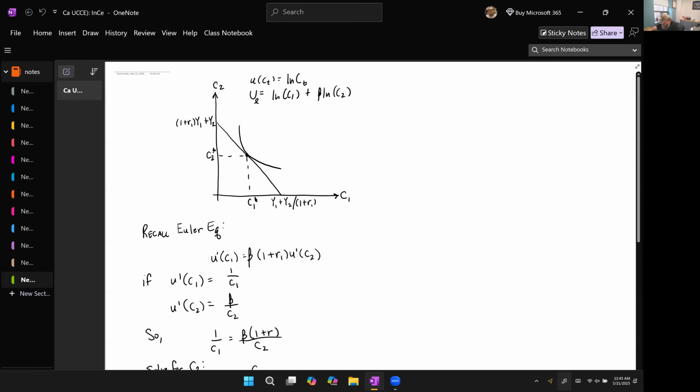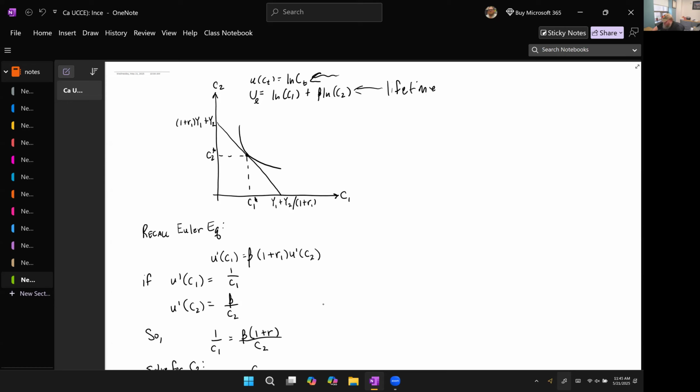Okay. So this is just a very basic setup here. We have a very basic utility function. My utility is just equal to the natural log of consumption. And then I have a lifetime utility function that looks like this, right?